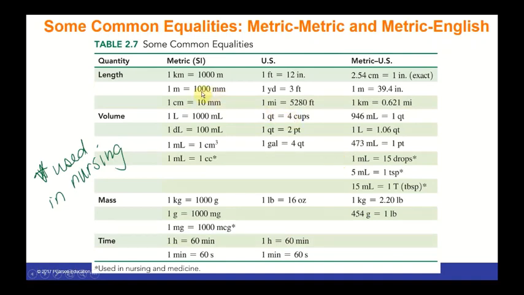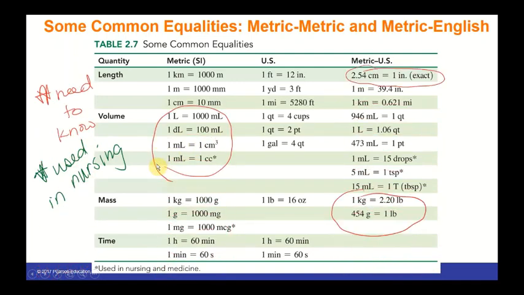Here are some common equalities. We have some metric and US equalities and metric versus US equalities. The ones that you should definitely know, oh, you know what, I didn't include these as well, but you should know these different prefixes for these quantities, and you should know these different conversions just because these are metric conversions.